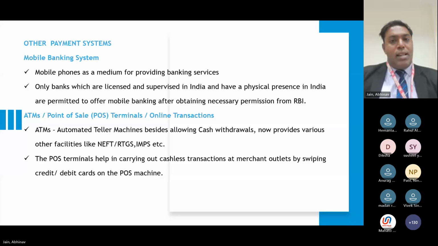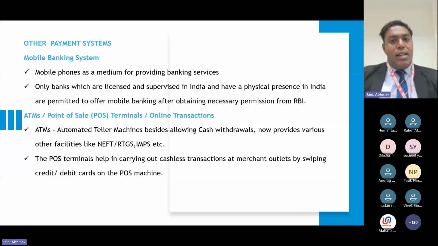POS, please remember, is point of sale. ATM is automated teller machine. I already told you real-time gross settlement. NEFT is National Electronic Funds Transfer. These are payment services. I'm again reiterating, please do remember the full forms of the abbreviations. It might come as a question.